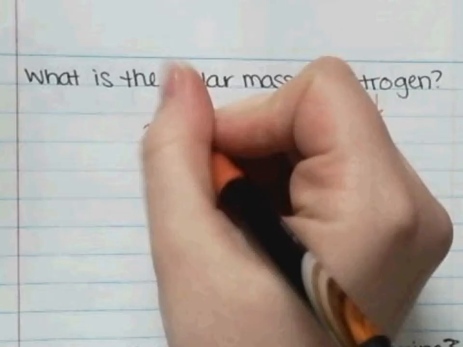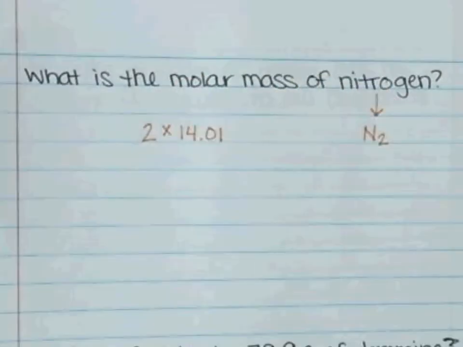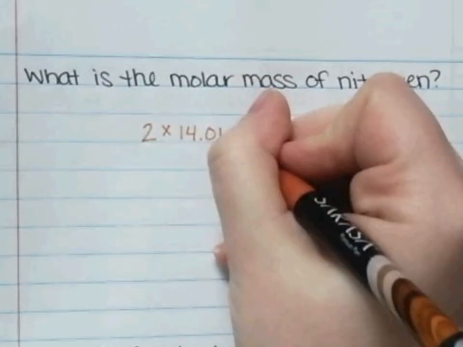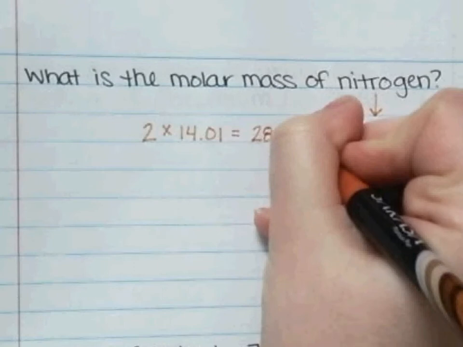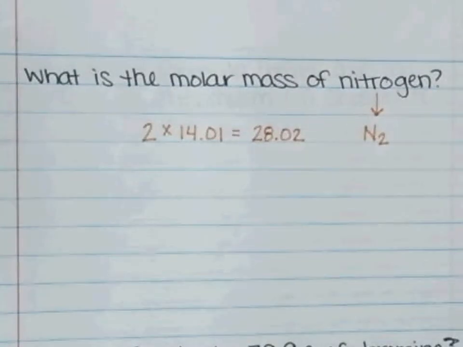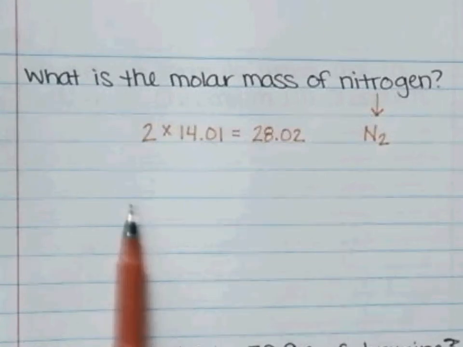So if I look on my periodic table, I find nitrogen right up here, and the atomic mass listed for it is 14.01. When you're writing the atomic mass, make sure you write the whole number. We don't want to round it just yet. So I'm going to do 2 times 14.01. If you plug that into your calculator, you should get 28.02.